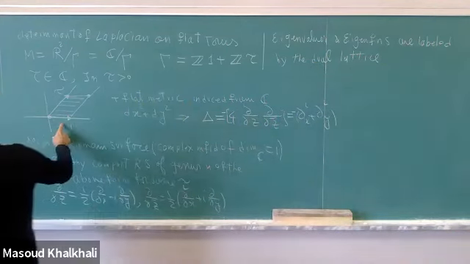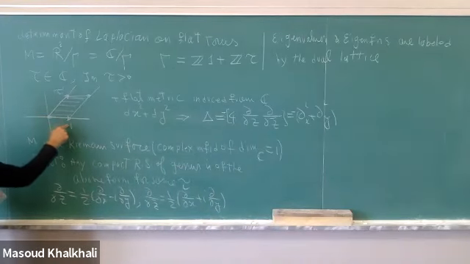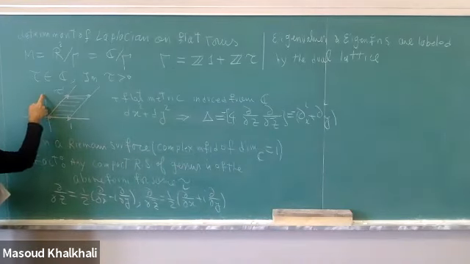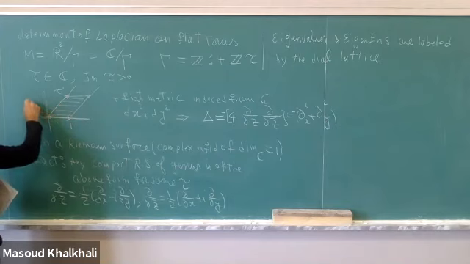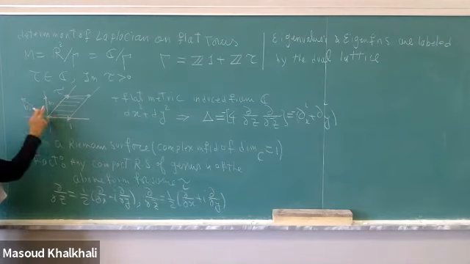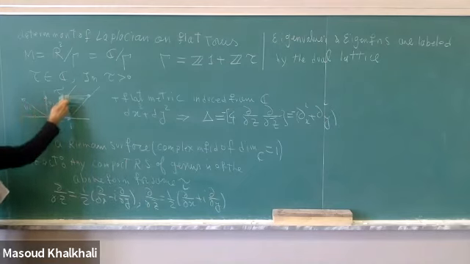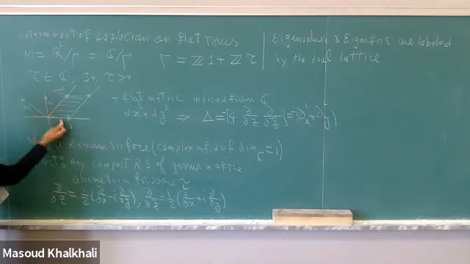You take one vector orthogonal to this, and you compute its length by knowing that the inner product with this has to be 1. So the two vectors b1 and b2: b1 is orthogonal to this, and its length is determined by the inner product with this being 1. b2 is orthogonal to this tau vector, and its length is determined by the inner product being 1 again.